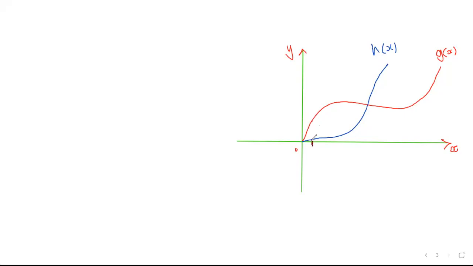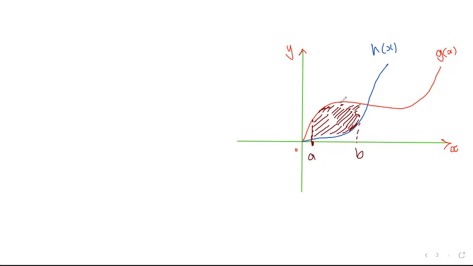For example, from point A to the point, let's say, B. You see that point A and point B, they are crossing both functions. Then I say that I'm going to find the area which is confined between these two functions from A to B.